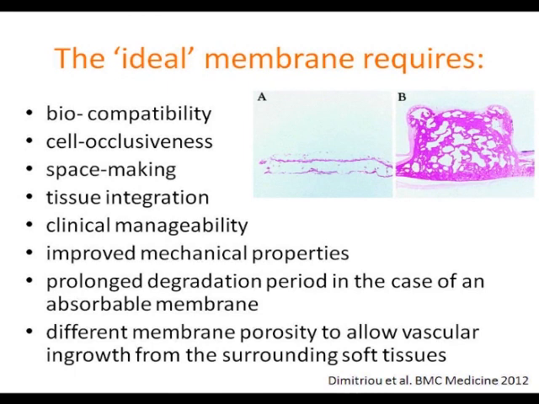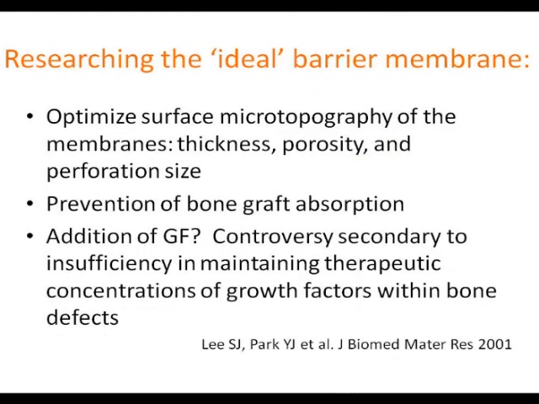And they should have different membrane porosity, because the porosity, as we'll see later, is very important to allow the vascular ingrowth from the surrounding soft tissues. So researching that, we should have a membrane with a different microtopography in thickness, porosity, and perforation size. They should be able to prevent the bone graft absorption.